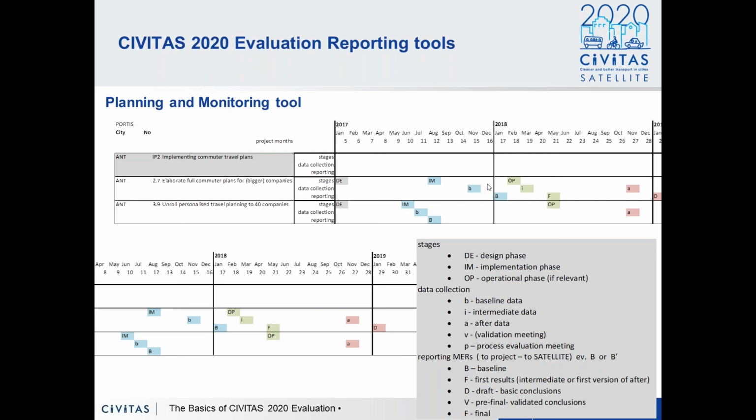If you work with cities and sites where things are implemented, it's crucial to keep good track of the implementation progress, the moment you can do some data collection activities, and the moment you can report on that. That's the simple and easy purpose of this planning and monitoring tool. We can make this available to you as well.